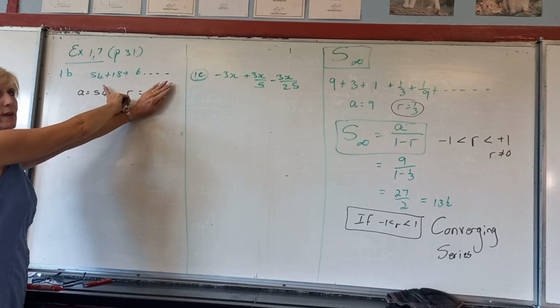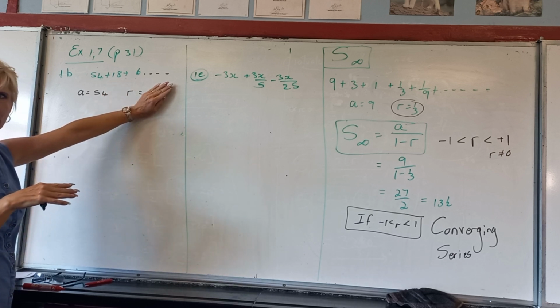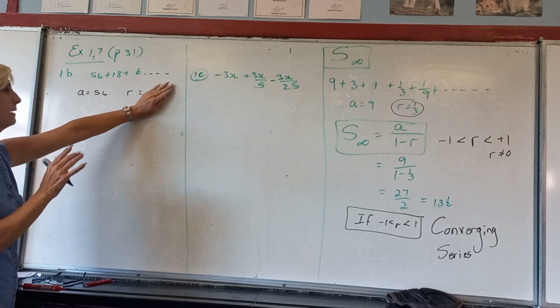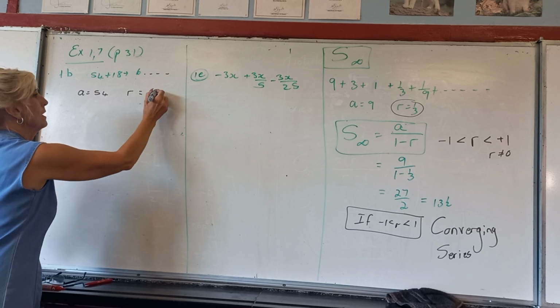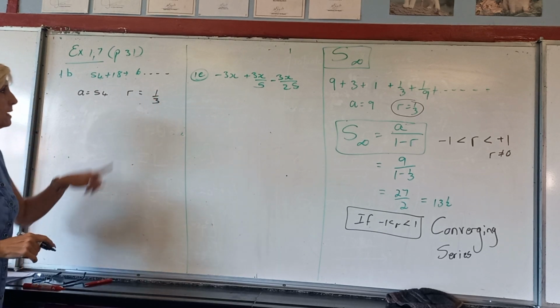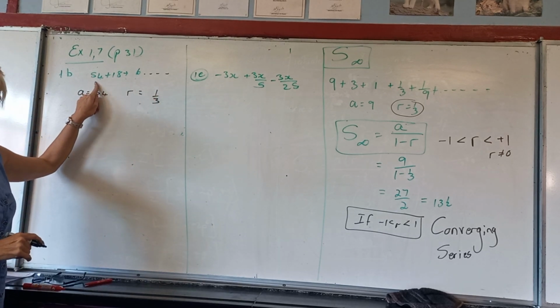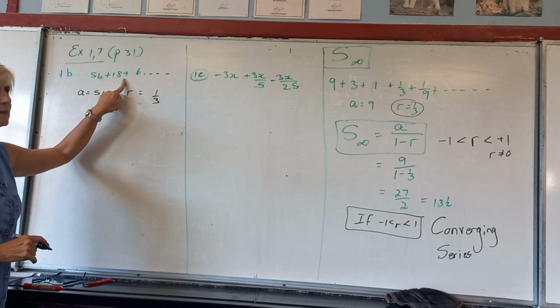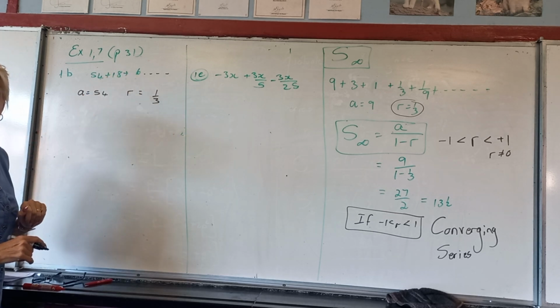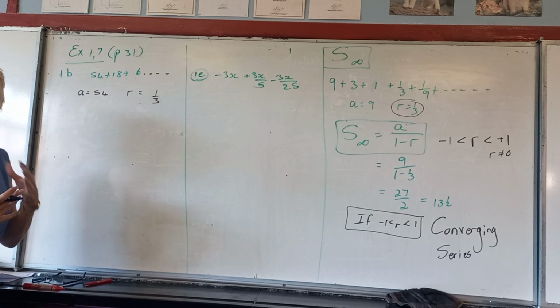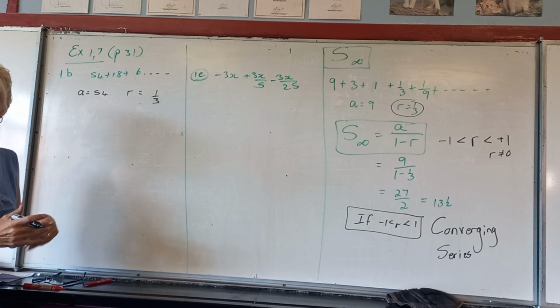If it was 16 over 18, it would have been 8 over 9, which I could do without my calculator, but it's wrong. Okay? You would have picked up on the wrongness if you had said 18 divided by that, which is a third, and that isn't. There's a mistake. I wrote it down wrong. Please always check on the logic of it. Maybe you'll then pick up on something you did wrong.